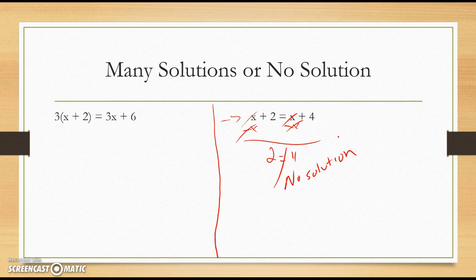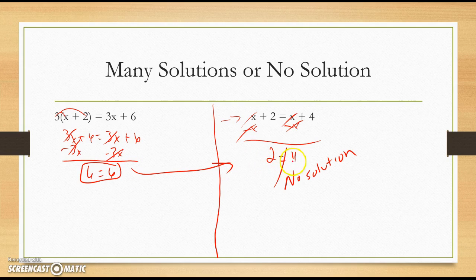Okay? So you see the 2 variables get completely x'd out. Okay? Look at the numbers. So for example here, distribute first. 3x plus 6 equals 3x plus 6. Well, now I can look and say, looks like I have the same thing on each side, but I'll subtract 3x and see what happens. 6 equals 6. Now this is different than over here.